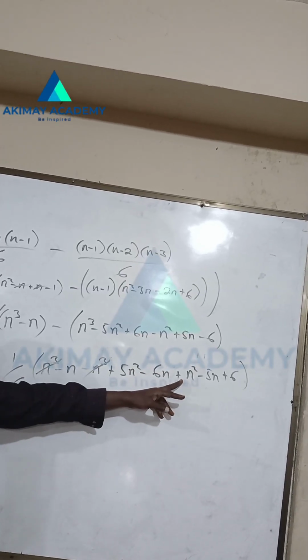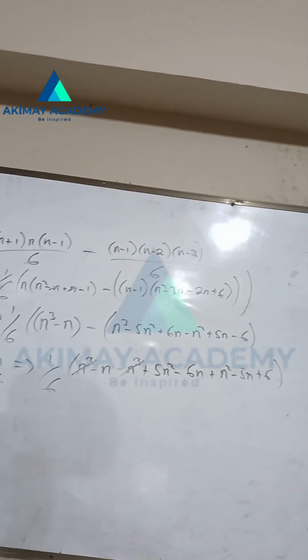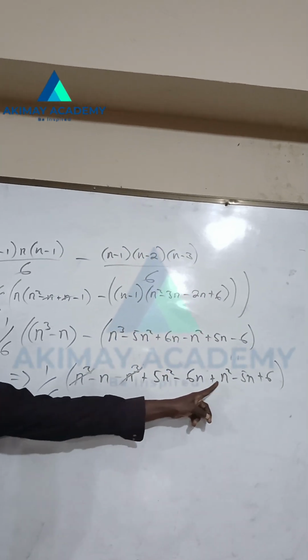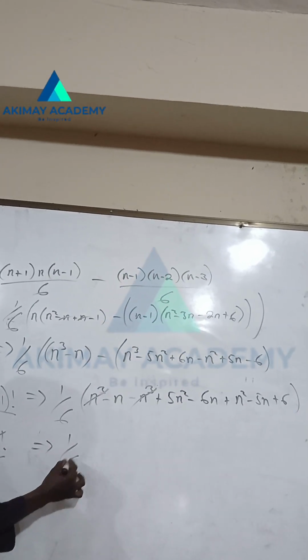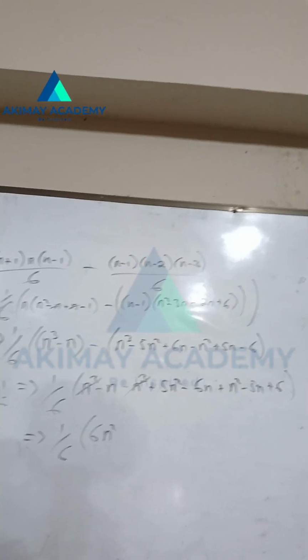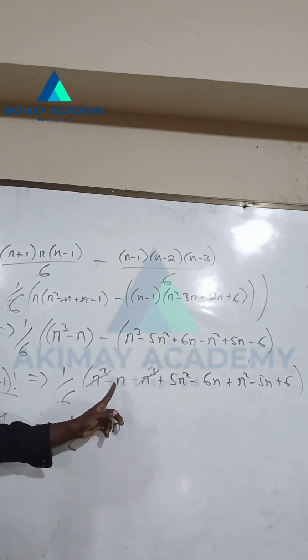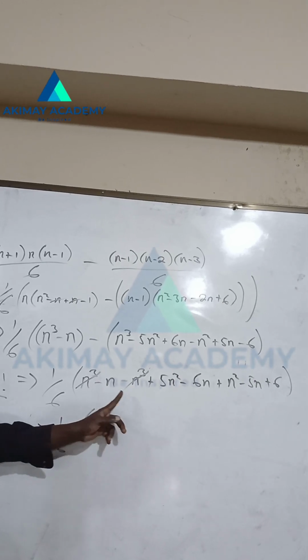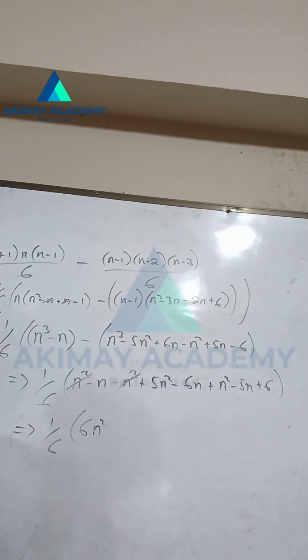We have positive n squared. So it means we can put them together. 5n squared plus n squared will give us what? 1 on 6. We are having 6n squared. There we have minus n here. So minus n minus 5n. Minus 6n.